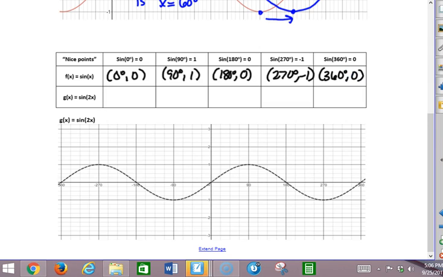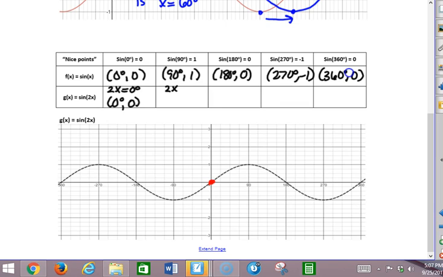Now here I want 2x to equal 0 degrees. Well, I can still put in 0 for x. So this point didn't change any. I still have the point 0 degrees 0.